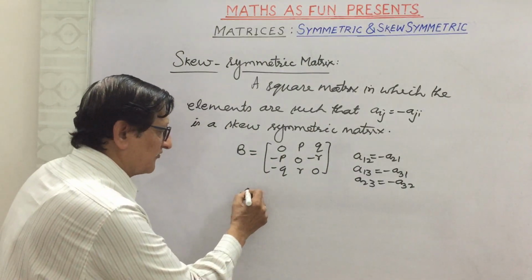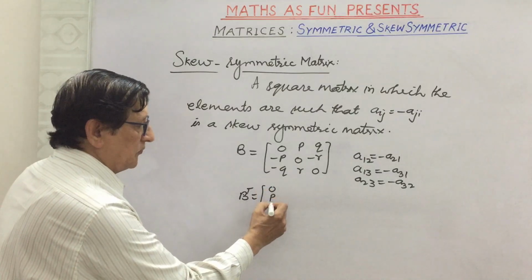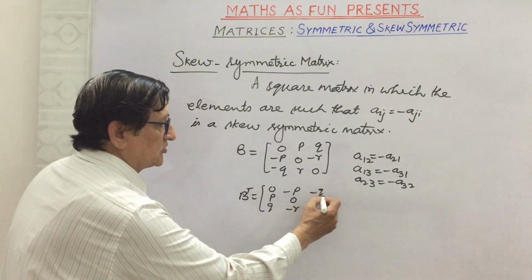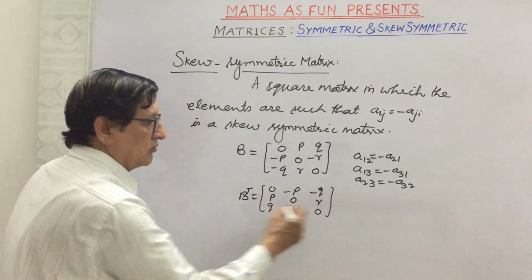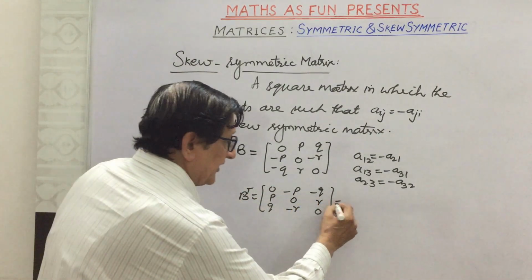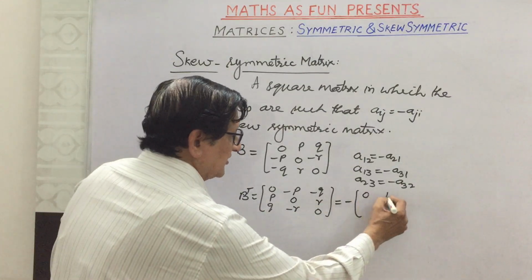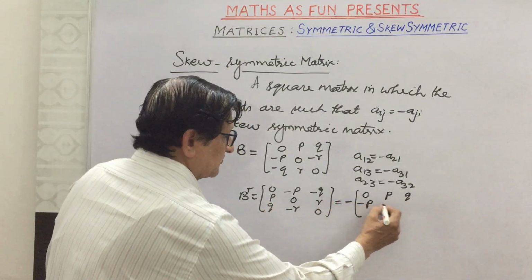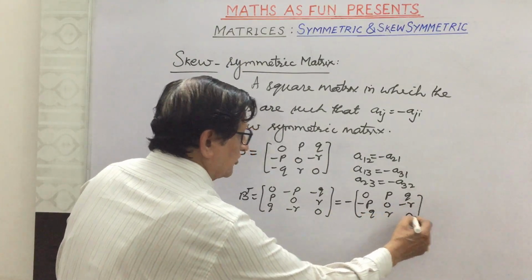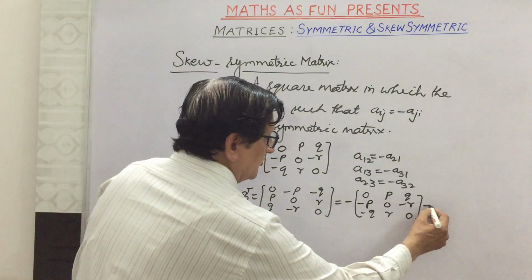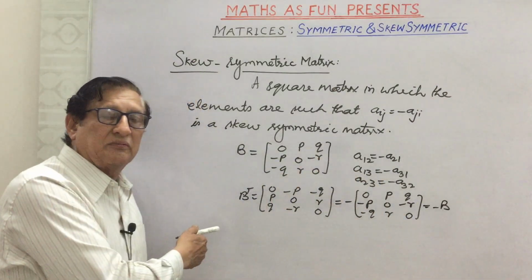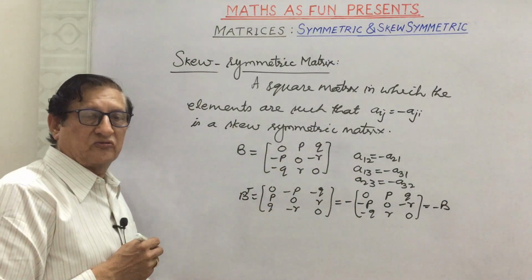If we go for the transpose of B, that will be 0, minus P, minus Q, P, 0, R, Q, minus R and 0. What we see here, that is not equal to B. But if we take minus common, it will be minus of 0, P, Q, minus P, 0, minus R, and minus Q, R and 0, which is equal to minus B. It means we can say that the transpose of the skew symmetric matrix is equal to minus of it.